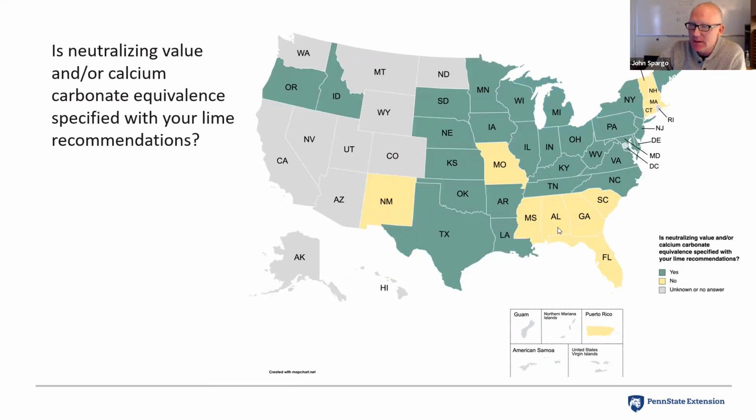Finally, leading into the next question, do you specify either neutralizing value or calcium carbonate equivalents with your lime recommendation? Most states responded that they did. There are a handful that don't.